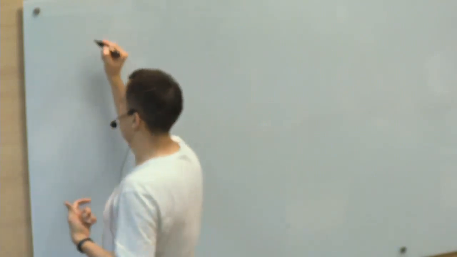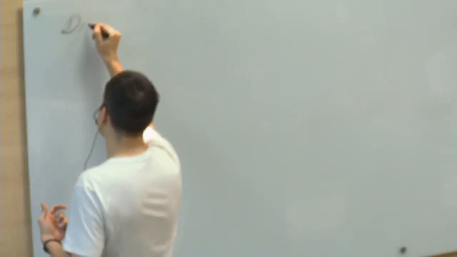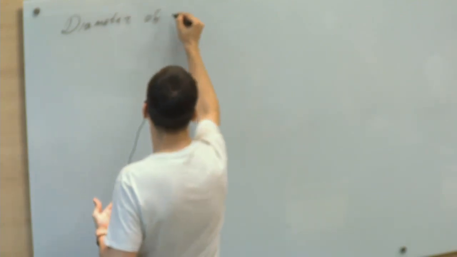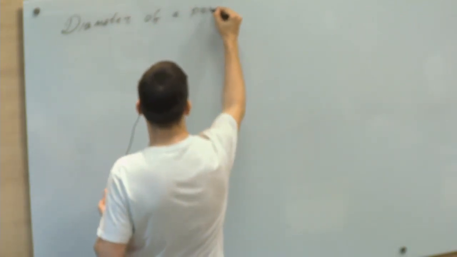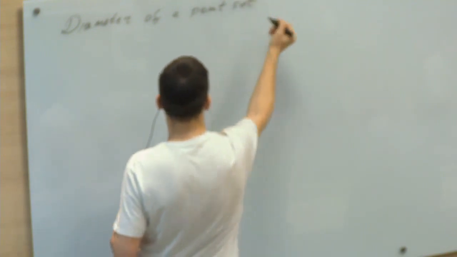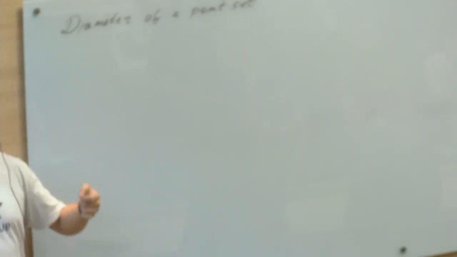So this problem is called the diameter of a point set. And of course the diameter is 2 points with the largest distance.